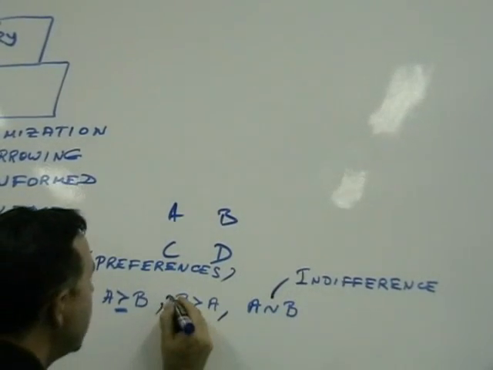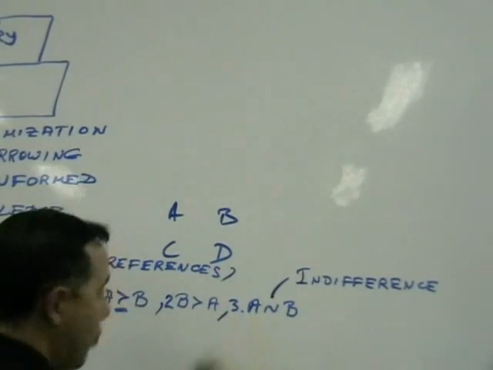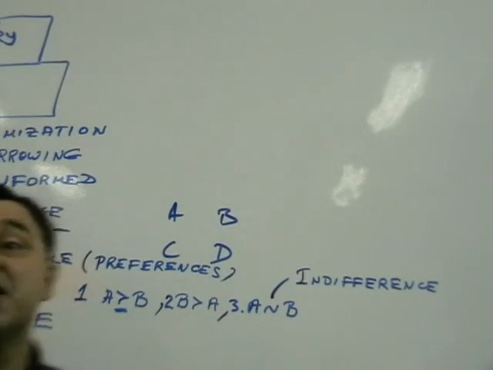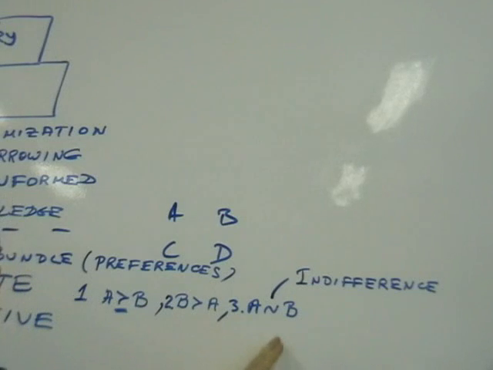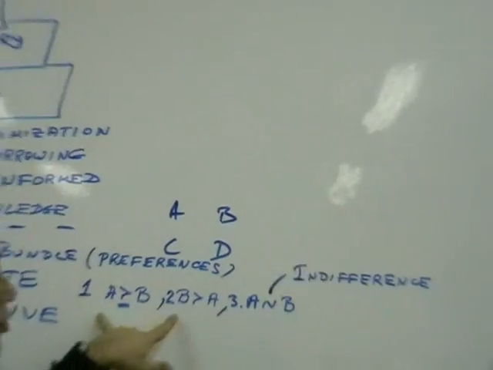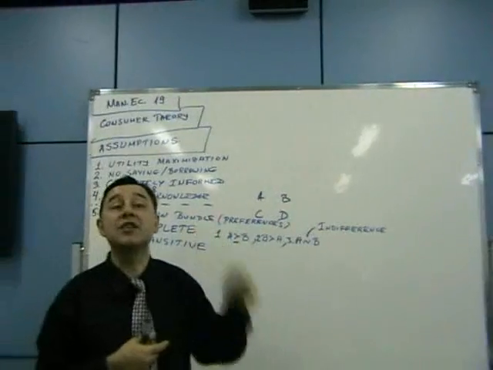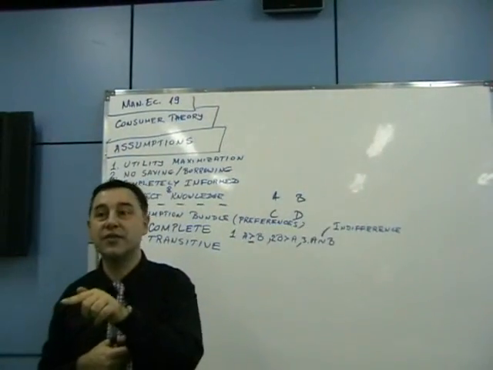So choice 1, choice 2, and choice 3. In other words, complete means he will choose one of the three, always exactly one. He can't choose possibly two of the three. You choose one and only one of the three.